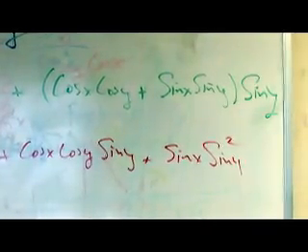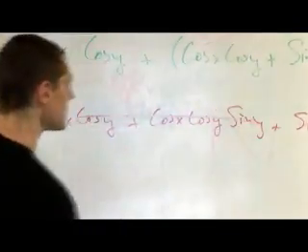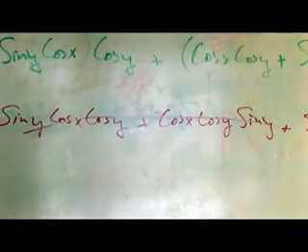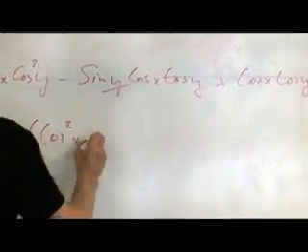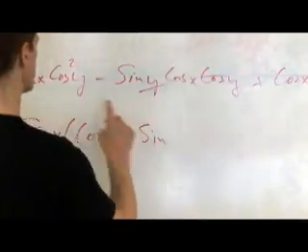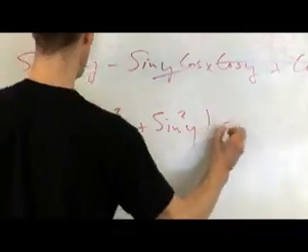And what do we got here? Fortunately, I believe these cancel out, which makes the mess a little smaller. Here we can factor out sine x. This is sine x times cosine squared y plus sine squared y. This is just sine x.